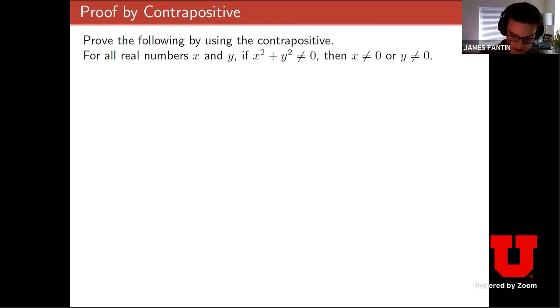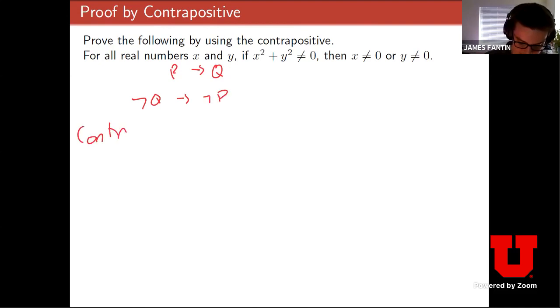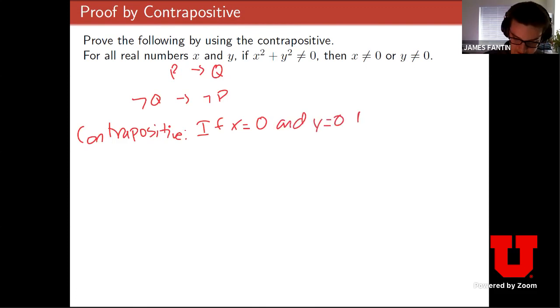Yes. We remember for contrapositives, if we have P implies Q, the contrapositive is not Q implies not P. So the contrapositive here, as there were a bunch of answers in chat, is: if x equals 0 and y equals 0, then x squared plus y squared equals 0. So let's try it.